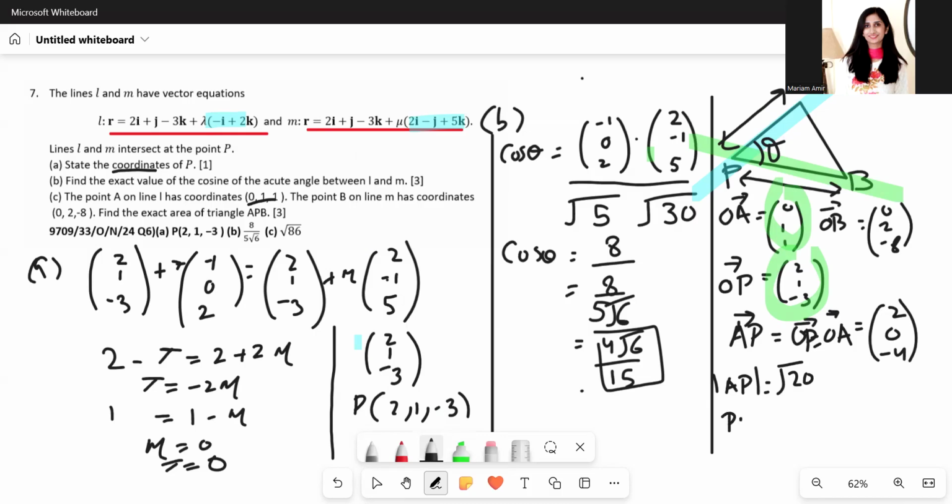So first we find PB, which is OB minus OP. So let's subtract those. That would be 0 minus 2 is minus 2, 2 minus 1 is 1, and then negative 8 plus 3 is minus 5. Now let's find the magnitude, which is going to be square root of 2 squared plus 1 squared plus 5 squared, which gives square root of 30.